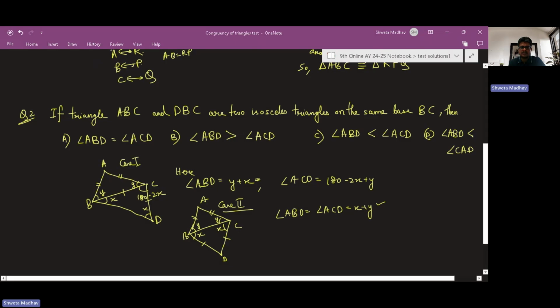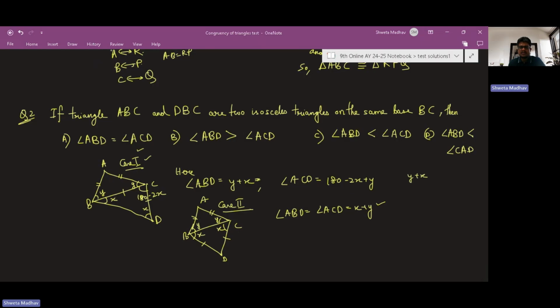This can be the case also, case 1. So if we consider case 1, then anything can happen. It means that Y plus X, which is angle ABD, can be more than ACD also, or it can be less than ACD also. So anything can happen.